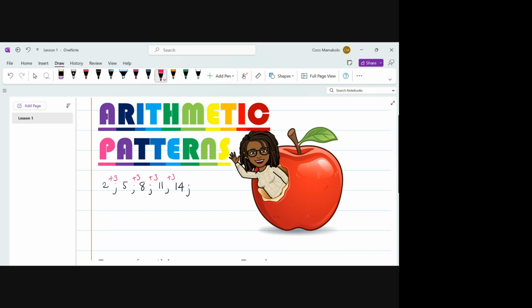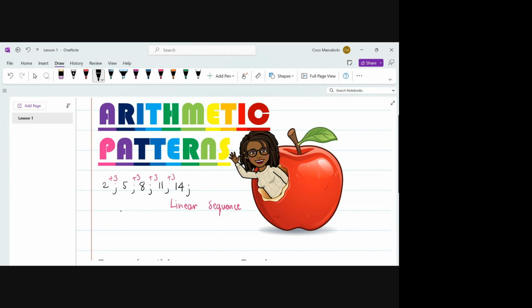An arithmetic sequence or pattern is tantamount to a linear sequence. What do we mean by linear? We literally mean exactly that: the sequence moves in the form of a line. We're adding 3, we add 3, we add 3. We could draw a straight line with all of these numbers if we had a chart.